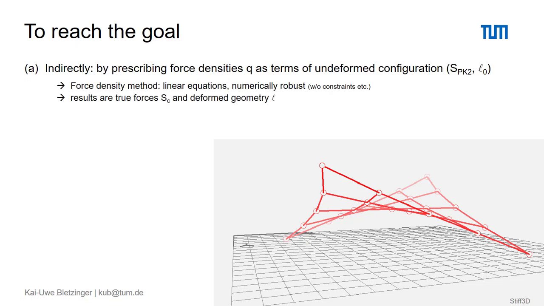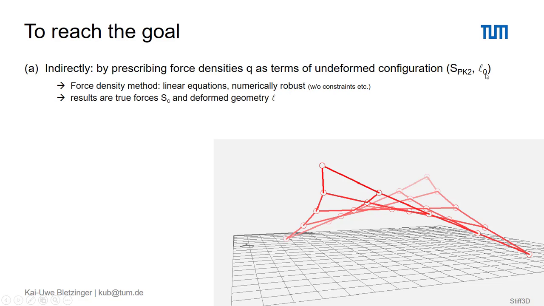Along our seminar dealing with the force density method, we have two alternatives to reach that goal. The first one I would like to call the indirect one. There we are prescribing force densities, q, which are terms of the uniform configuration. Others are the pure Kirchhoff forces of second kind and the reference length.